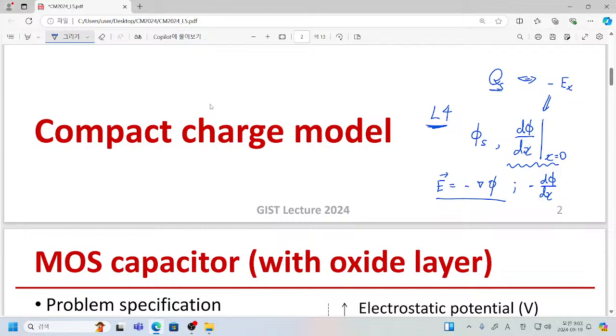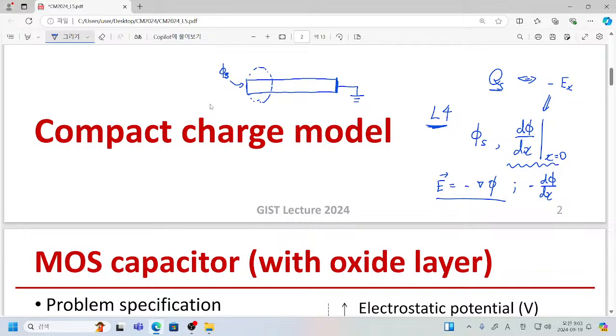It means that if we have a certain semiconductor structure and a certain grounding at the substrate region, and if we can control the surface potential at this boundary, then we can also control the number of charges collected nearby the surface point.